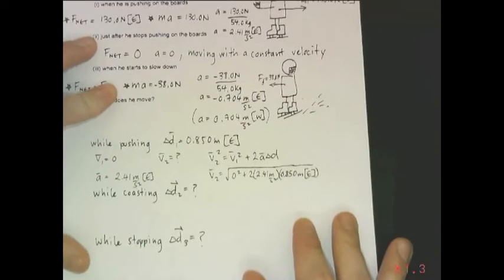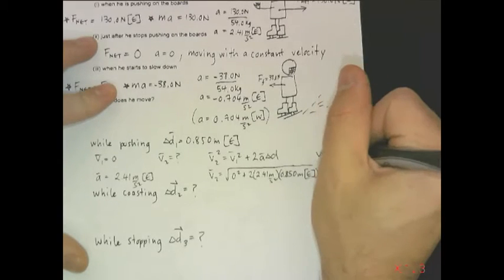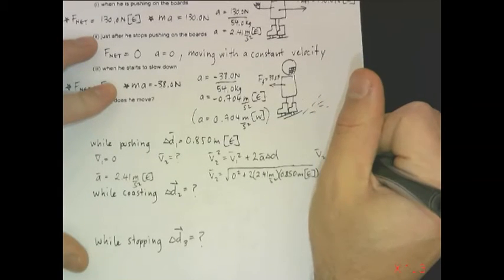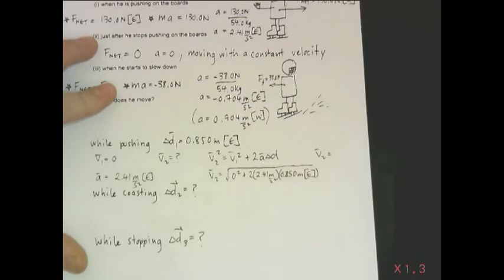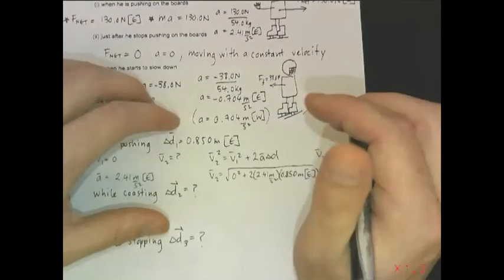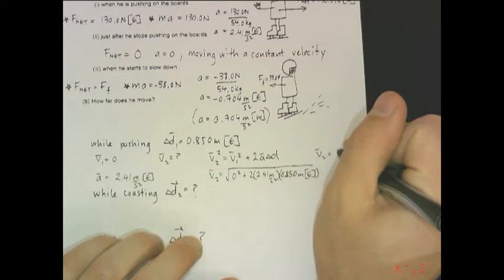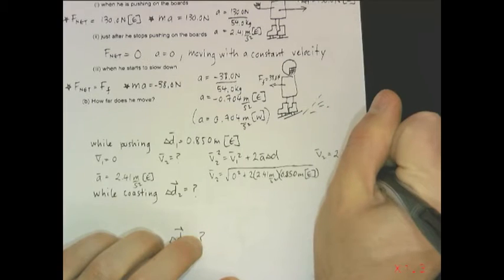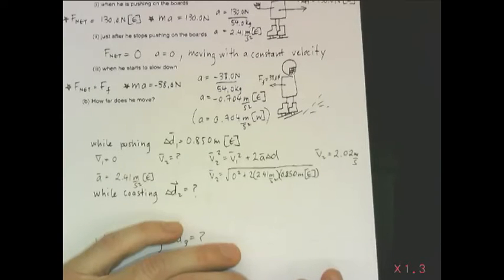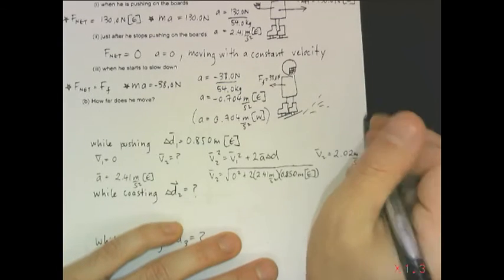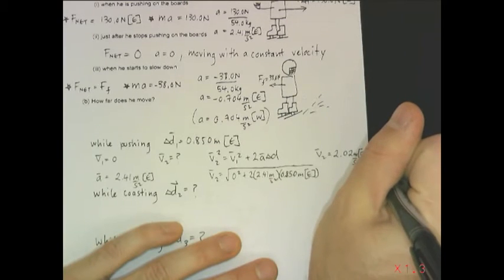Punch it into your calculator and tell me what you get. 2.02 meters per second. The fact that it is a positive value, what does that imply? Mike? East. Good. That the direction of travel is east. Make sure you include that.